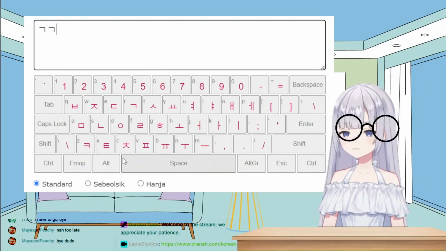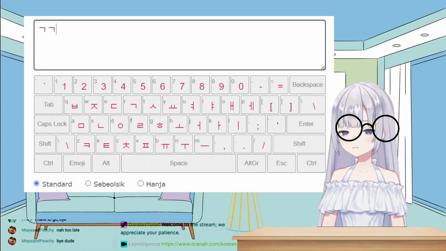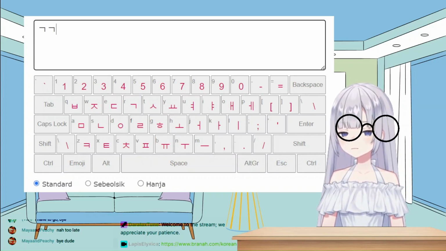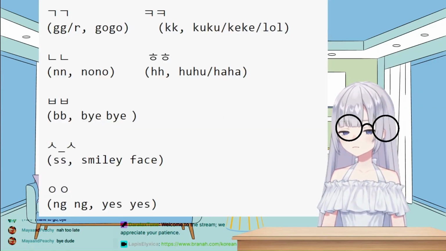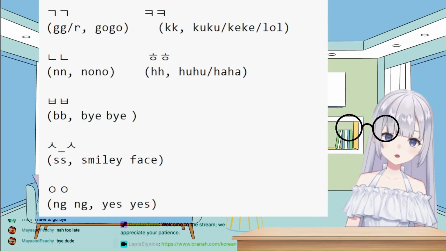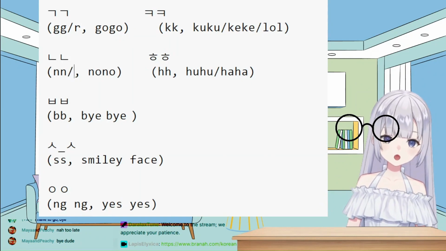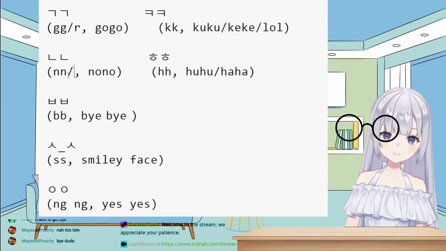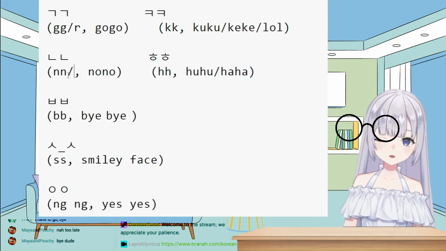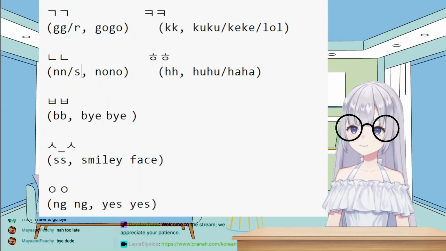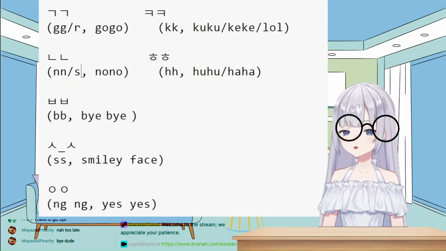Okay, so that was the first letter, G sound. And the second one was N sound, which is at the S key, where the S key is.